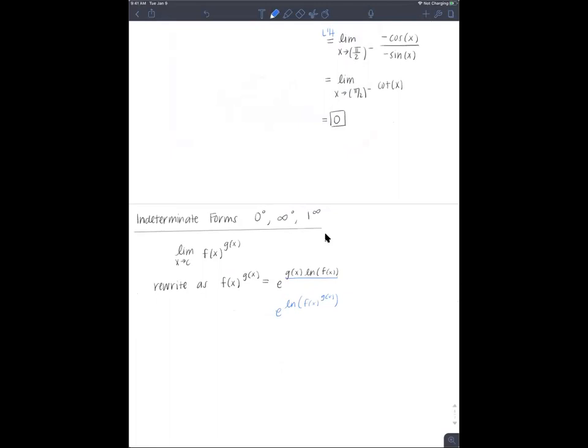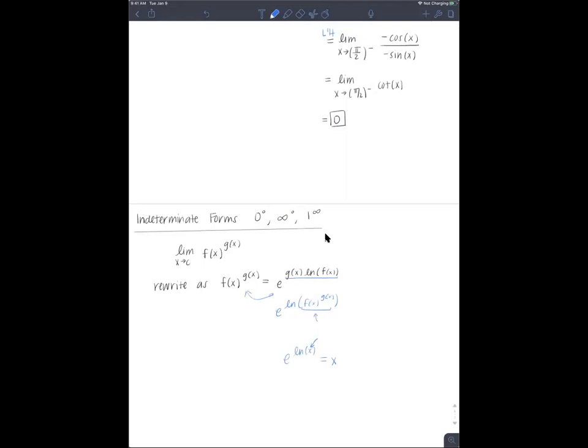And then what is e to the ln? If I gave you e to the ln of x, what should you tell me that that's equal to? Not 1, but whatever's inside of there. So it would be x, right? And so here, this time, it would be whatever's inside of here. So it would be f to the power of g. And so that's why these two things are equal.